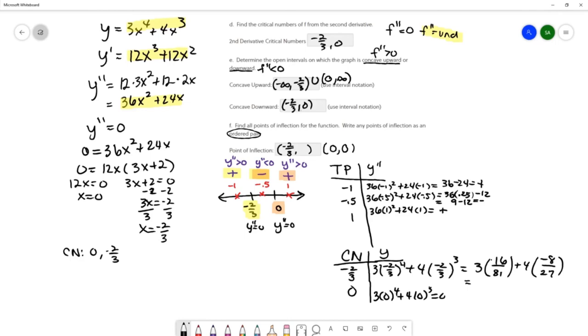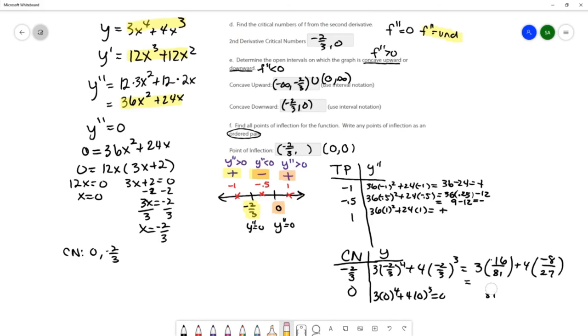And let's see, 3 times 16 will give 48 over 81. Oh, actually, we can reduce that.